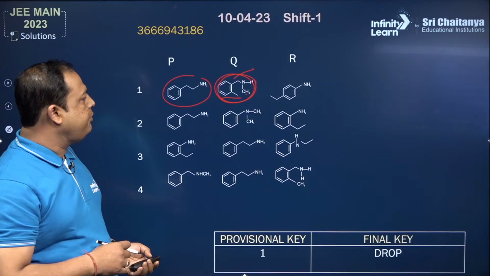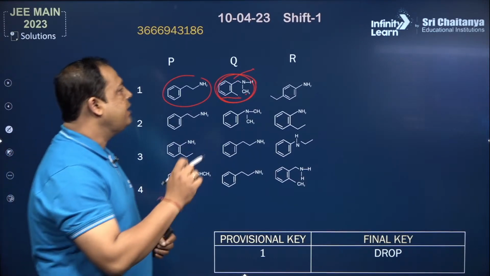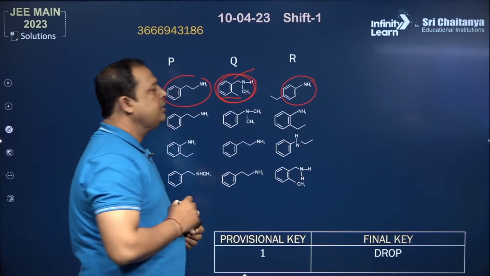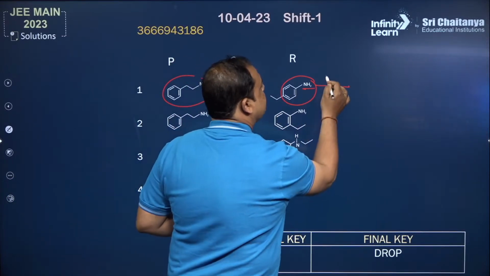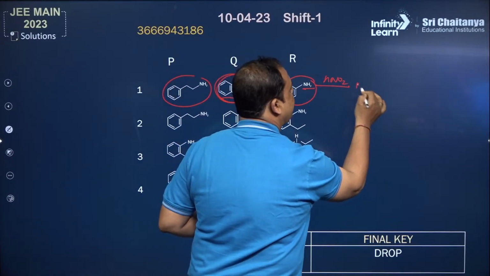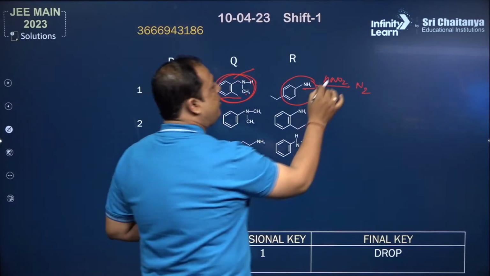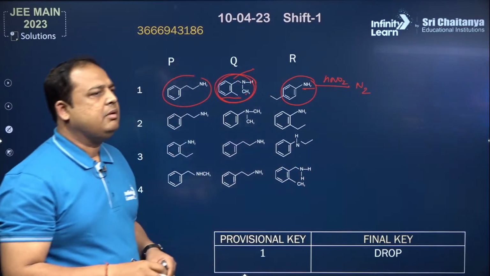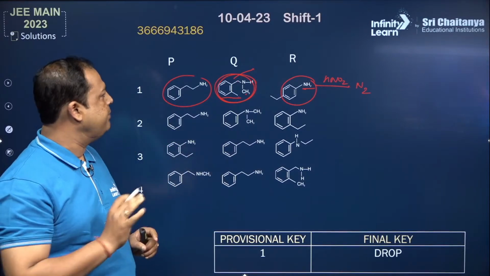For that reaction to form the dye, it should be an amine, because it has to be converted to diazonium form, that is benzene diazonium chloride. Once it is converted to diazonium, only then can the formation of dye happen.